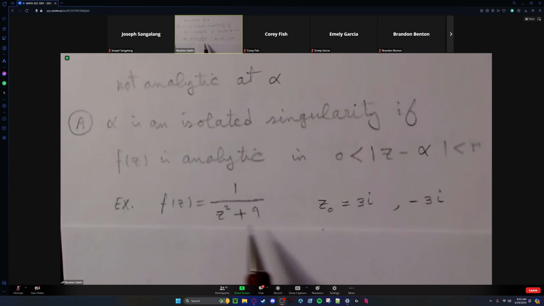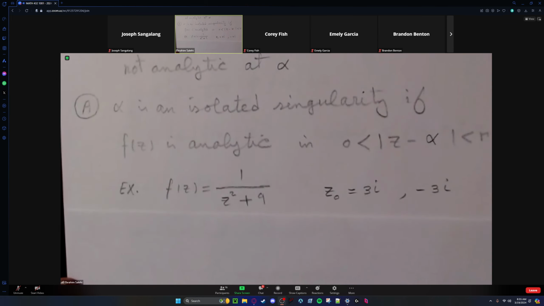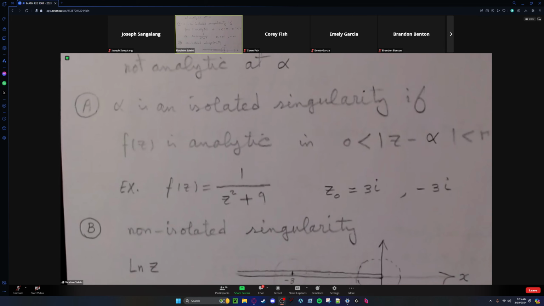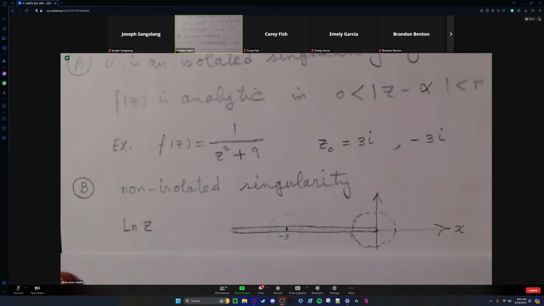Other than these, the function is perfectly fine. Then we have non-isolated singularities, and that basically goes with very weird functions, including the logarithm. In the logarithm, we know that the derivative doesn't exist in the negative direction of the x-axis.